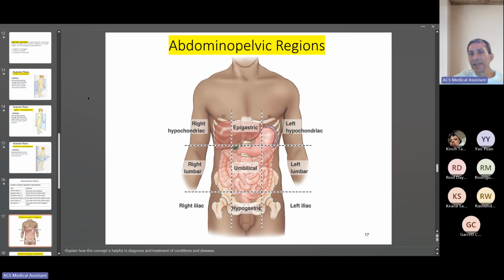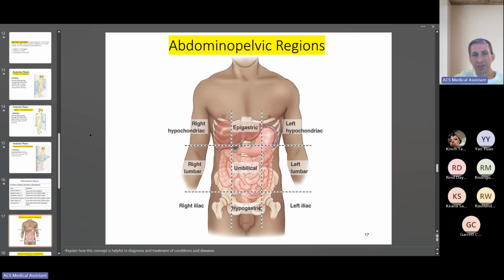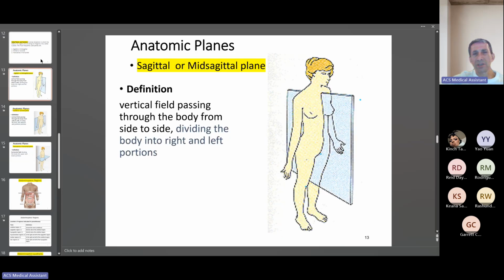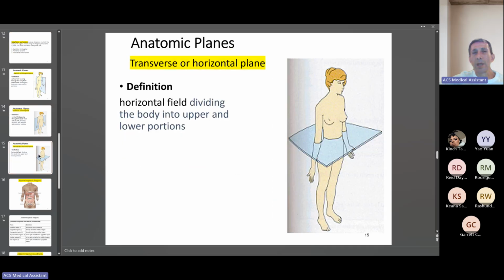Okay, let's talk about these abdominal regions. Before we start with the definitions, let's move to the image. Let's put the image first, because I like this better. When I was doing the planes, I explained first sagittal, then frontal, coronal, and transverse, so it's better to go in order.